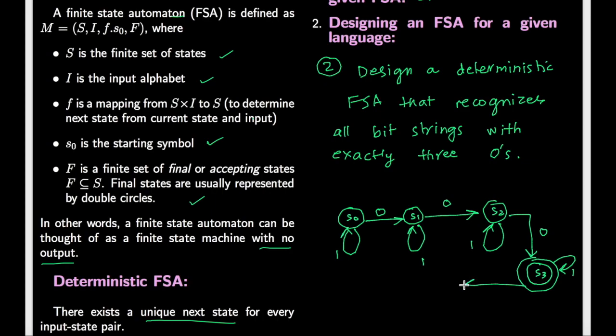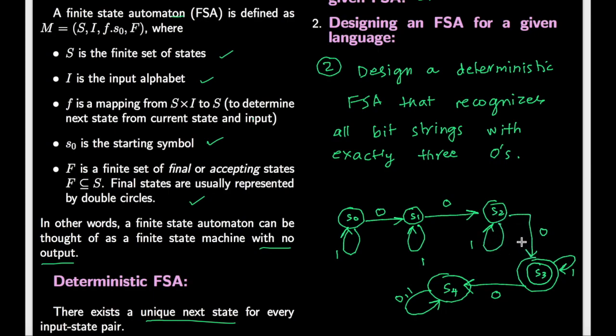Okay, now what happens when we get a 0 here? When we get 4 zeros, we don't want that to be in the language, correct? So we define another state, S4, and if we have a 0 here we go to S4, from which we can never come to the final state, and whatever happens here, we stay.